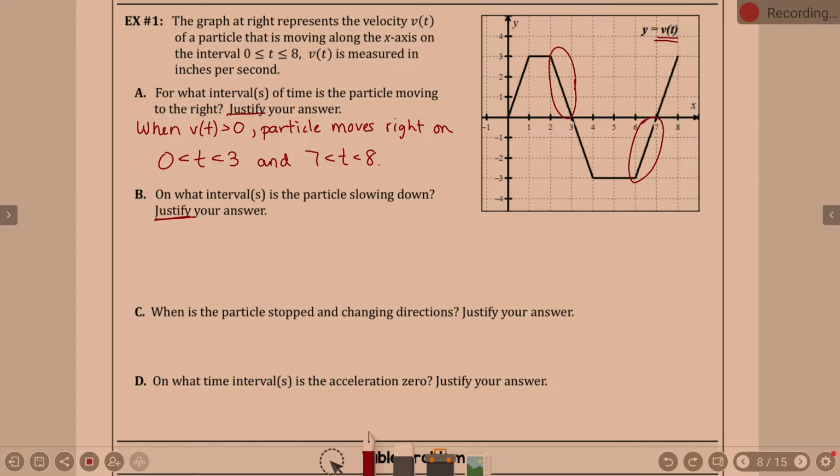I will say, just as a reminder, I'm going to start off saying when a of t and v of t have opposite signs, the particle is slowing down. Okay, and then pick one way or the other to explain.